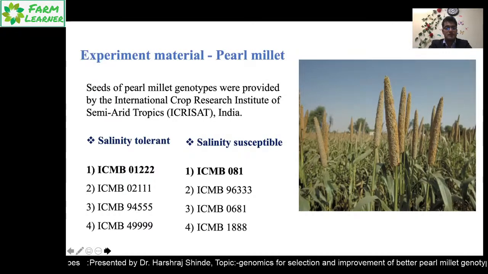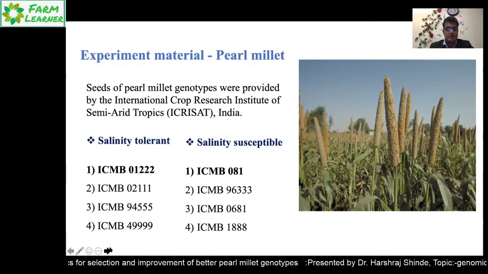Based on our initial screening in the greenhouse, we selected ICMB 01222 as a baseline or perfect salinity tolerant line. And at the same time, we selected ICMB 081 as a perfect susceptible line to study the contrasting phenotype during salinity stress.